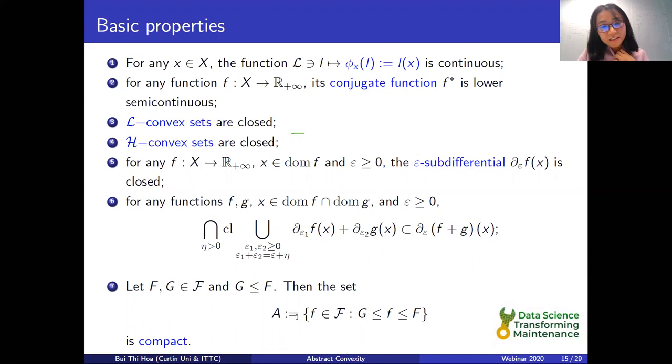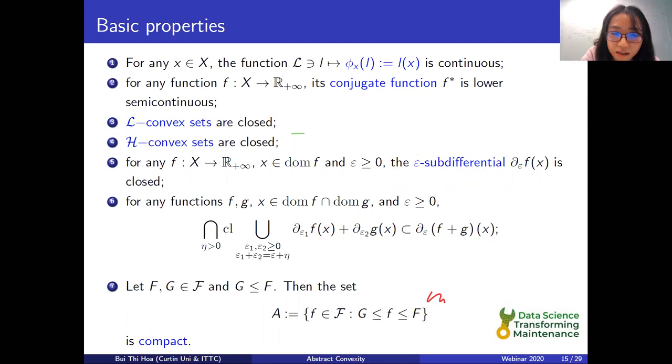The set A here is the set of functions f between g and F, where g and F are real-valued functions. From these assertions, we can recover the standard Banach-Alaoglu theorem.